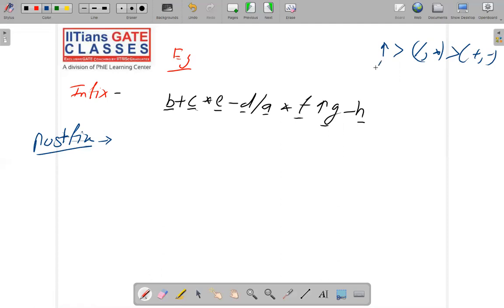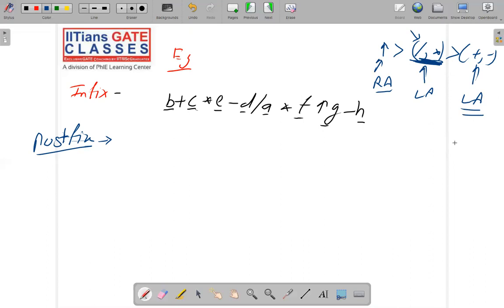And it is given that power is right associative. This is left associative. This is also left associative. So if you see multiple operators of these together, you will evaluate the left one first. Then we will use the stack, which will make our life easier and mistake free.